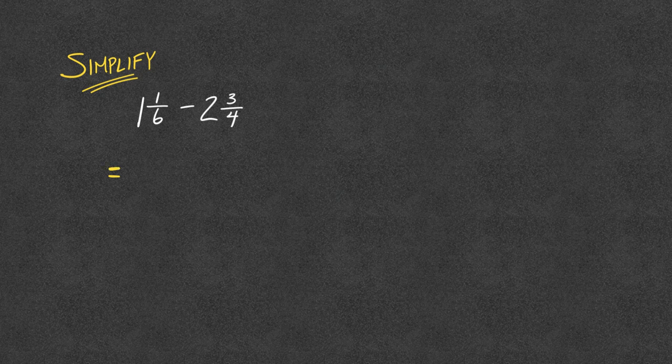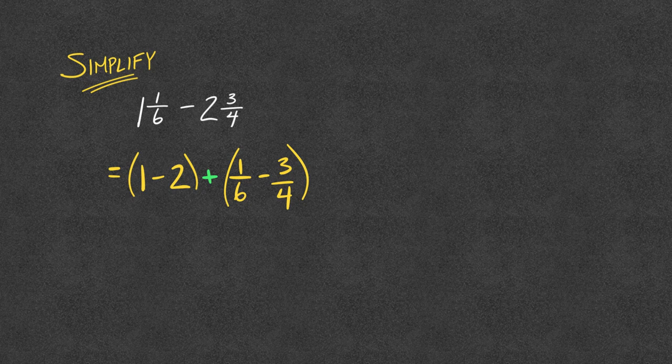I need to subtract my whole numbers, and then I need to add to that the difference in my fractions. Not that these brackets are really needed, but I'm going to calculate that.